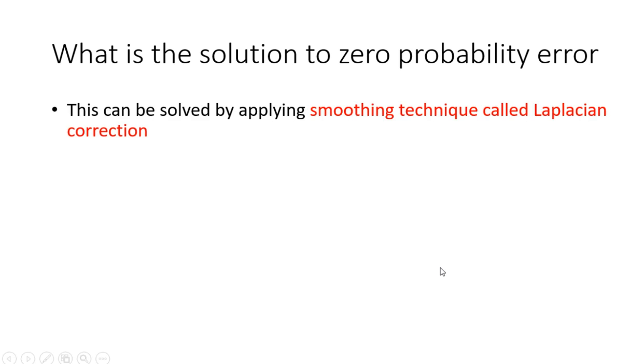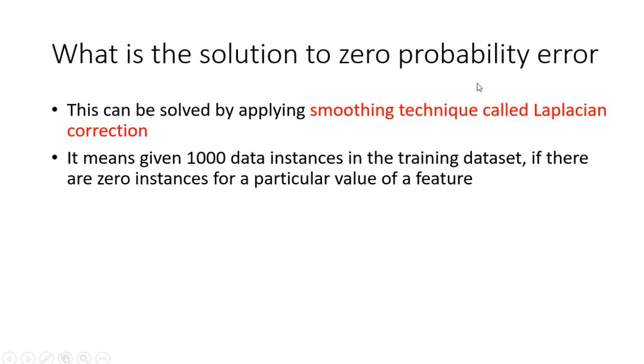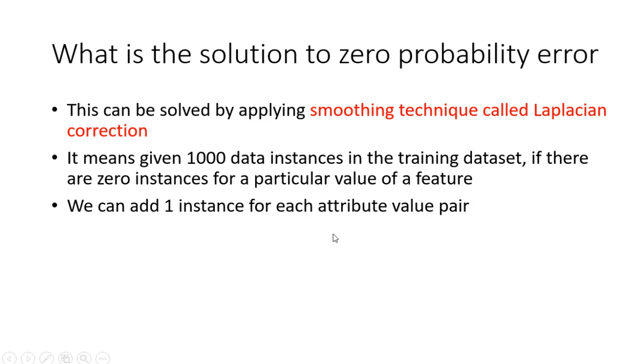Now what can you do in this case? The solution is applying a smoothing technique called Laplacian correction. Let's say I have some 1000 data instances in my training data set, and there are 0 instances for particular values of a feature, like we just saw when CGPA was greater than or equal to 8 and job offer was no. In such a case, for each attribute value pair, we just add one more instance to it.